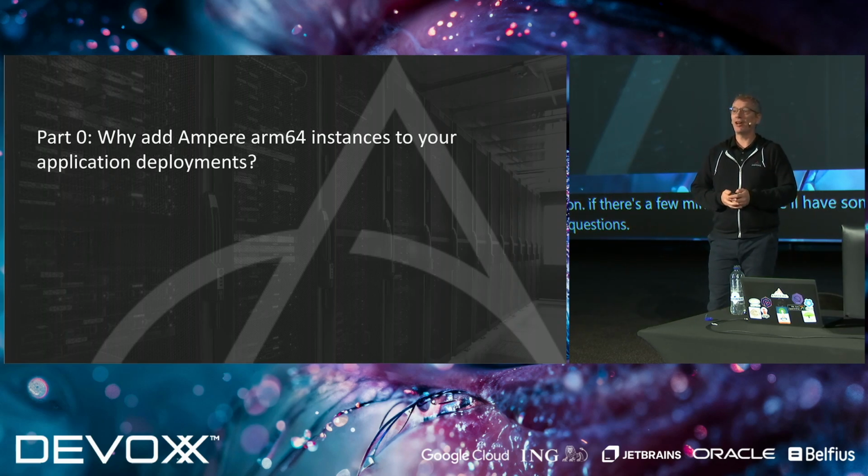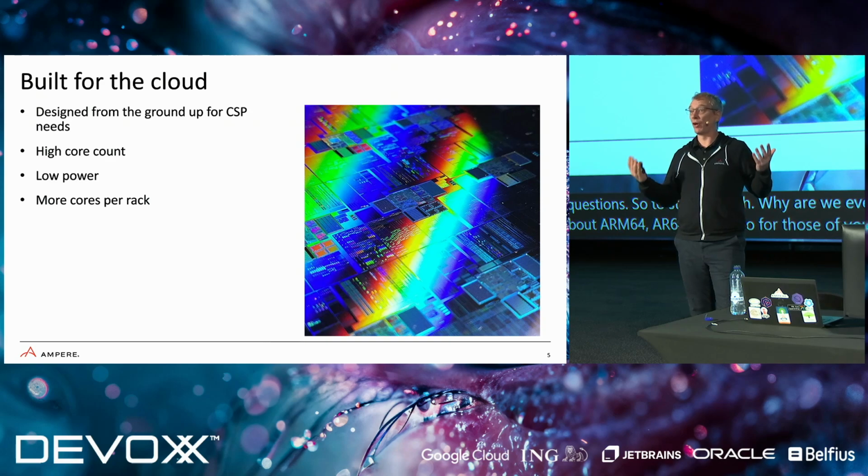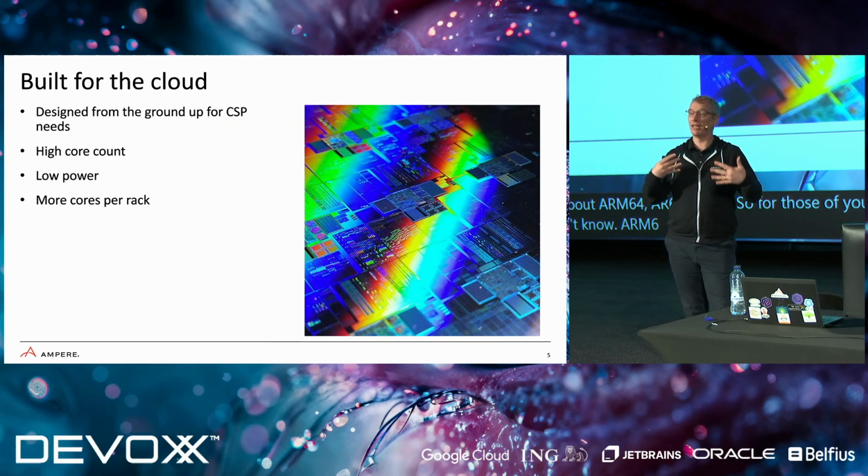So to start off with, why are we even talking about Arm64 or AArch64 today? For those of you who don't know, Arm64 has been a port in the JVM for 10 years now.